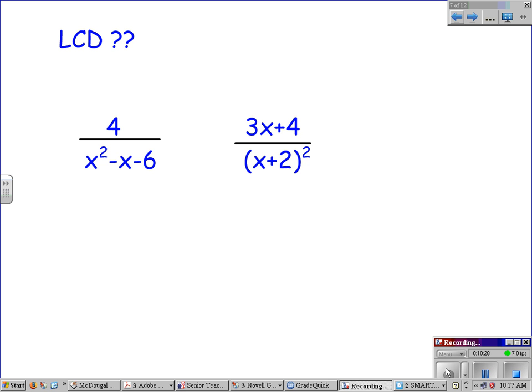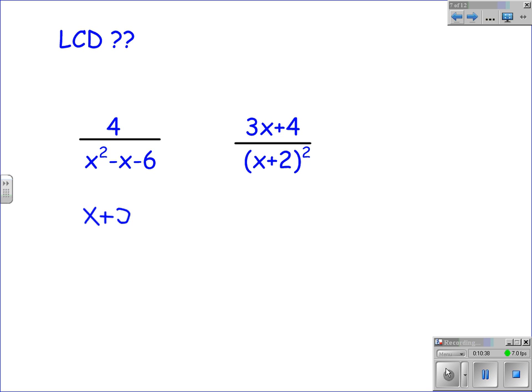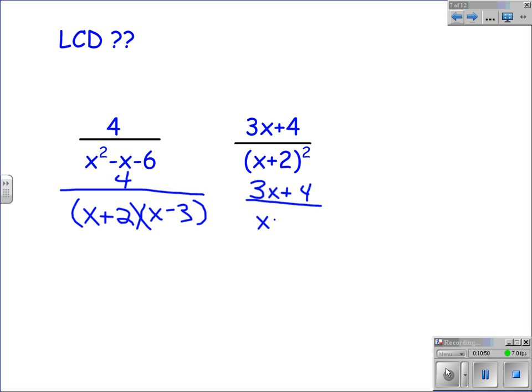What is that factored into for two binomials? Okay, that's our 9.5 factoring. Elise? X plus 2 times x minus 3. Okay, and in our numerator is 4 still. The other one has x plus 2 times x plus 2. It's written twice. Okay, squared.